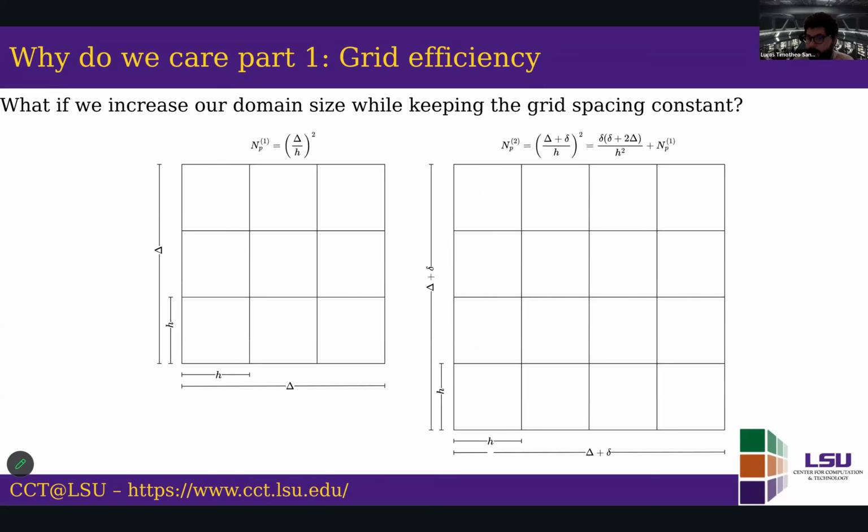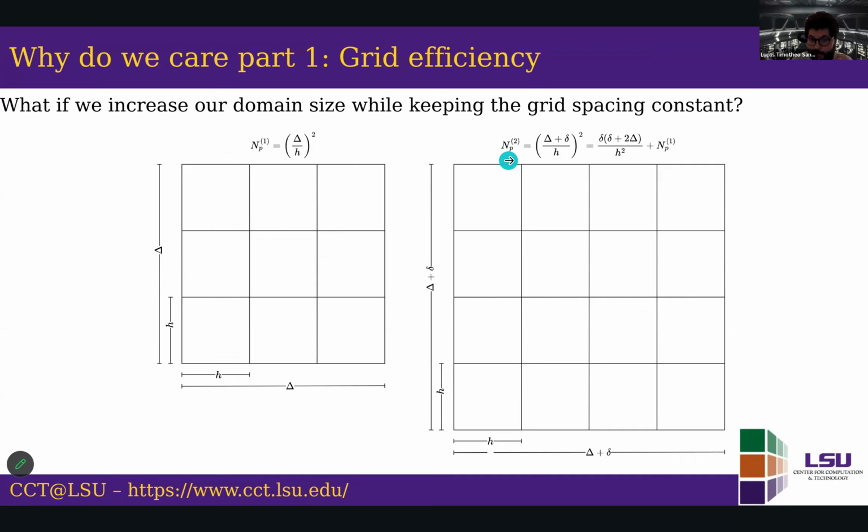Conversely, we might want to make our grid bigger, right? So suppose that we have, again, some original Cartesian grid with dimension Delta and spacing h, and we're going to increase it because either our physics requires that we make our grids larger, or because we are trying to do something else, right? So if we increase our grid by a certain factor delta here, how does that scale? How many extra points will we need to store?